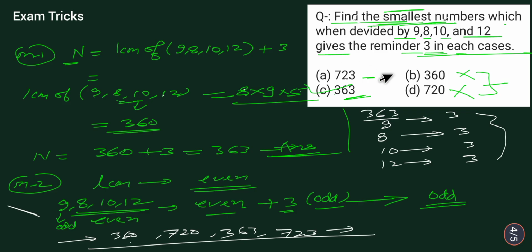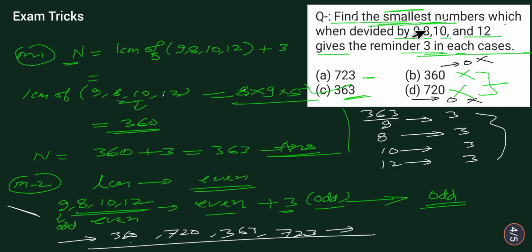So if two options satisfy all 4 conditions, you need to consider the smallest number and neglect the bigger number, right? Because when you divide 360, this option B, by 9, it gives 0 remainder, so it can't be your answer. When you divide 720 by 9, it gives 0 remainder, so it can't be your answer. So 2 options are neglected.